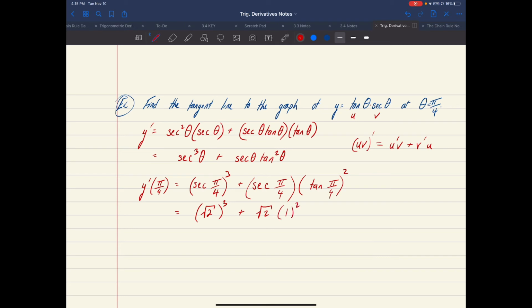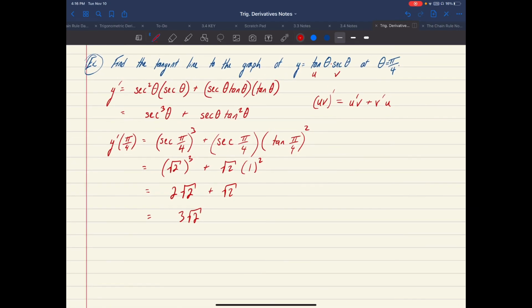So that's a relatively easy derivative. What we're going to get is root 2 times root 2, which is 2, times root 2. So we're going to have 2 root 2 plus root 2, or 3 root 2. So y prime of pi over 4 is our slope.